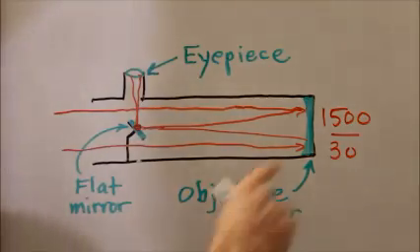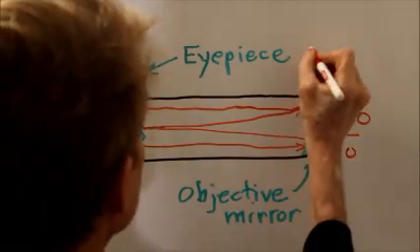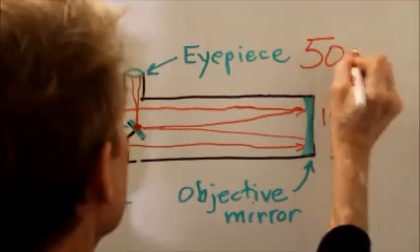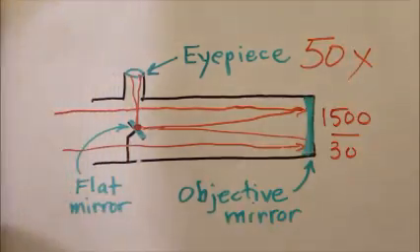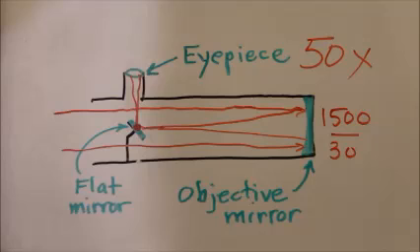So the magnification factor of this telescope will be 1500 divided by 30, and that works out to 50 times, or 50 power. Sometimes you'll hear it said 50 power.